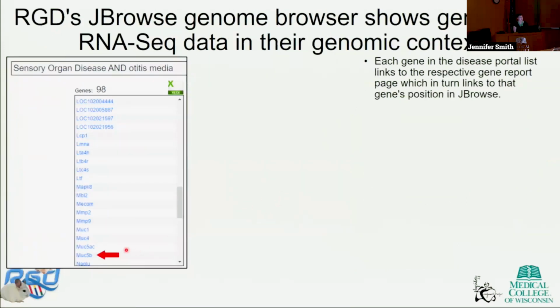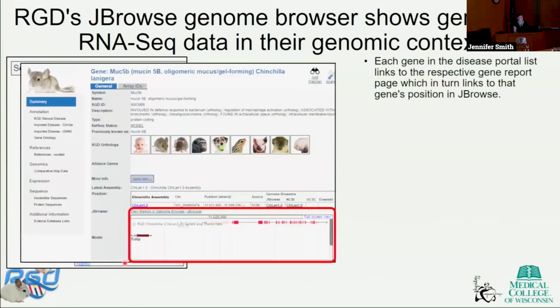Each gene in the list of genes in the disease portal links to its respective gene report page. So if I click this mucin 5B gene symbol, it will take me to the Chinchilla gene report page for mucin 5B, which in turn links to that gene's position in the JBrowse genome browser.